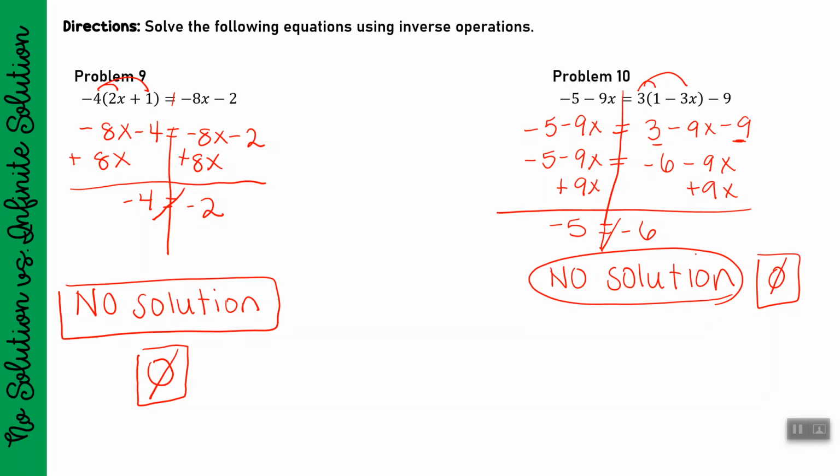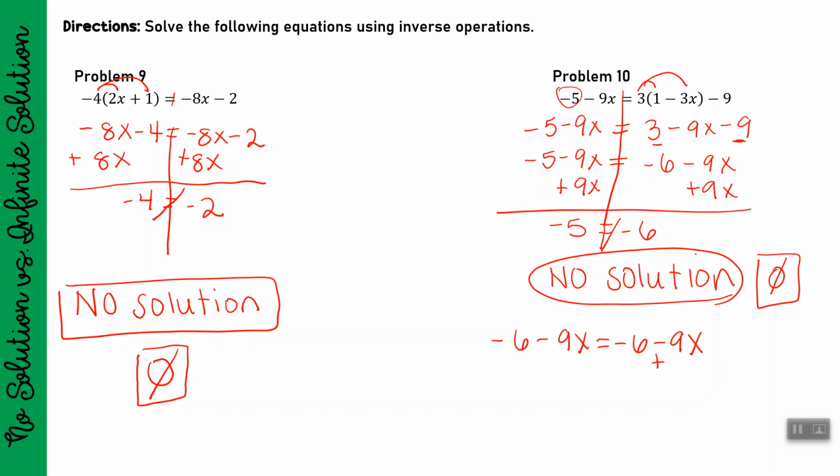What would end up being something like infinite solutions, if I were to take that problem and if I actually had negative 6 minus 9x equals negative 6 minus 9x, what should have happened when I originally typed it is this should have been a negative 6 here first.